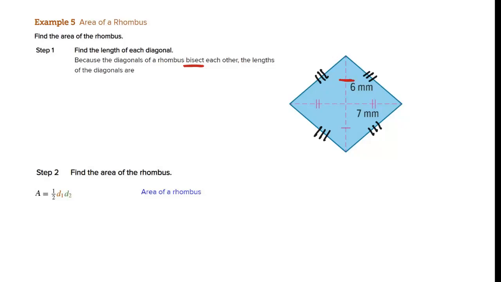So if this up here is 6 millimeters, that means this bottom section is also going to be 6 millimeters. So the length of the entire diagonal is going to be 6 plus 6 for a total of 12 millimeters. Here they are giving us the parts.